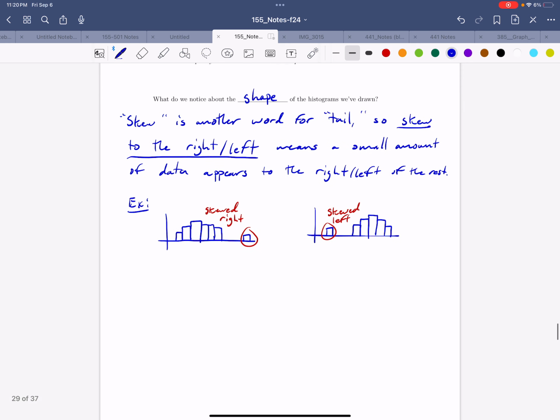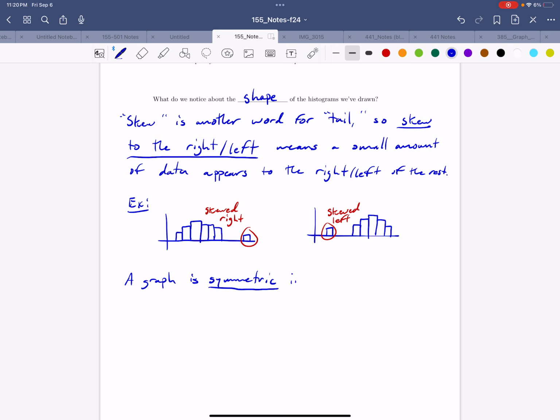There are measures of skewness, by the way, like what's technically skewed. Just use your eye, just use the eye test. What do we also have? We also have symmetry. And I think we probably know what that means.